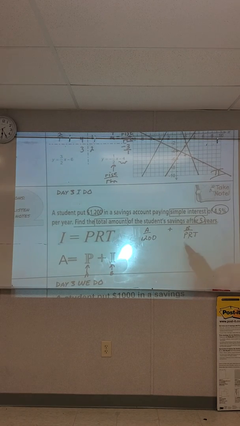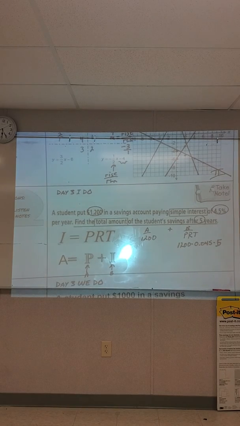So the principal, we say, is $1,200. And we're going to multiply that times the rate. And that's per year. But it's not 1 year, is it? No. It's 5 years.